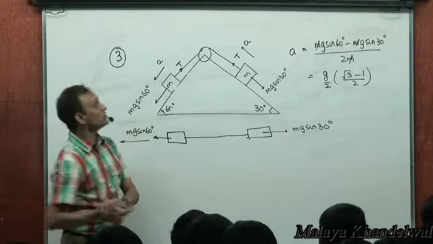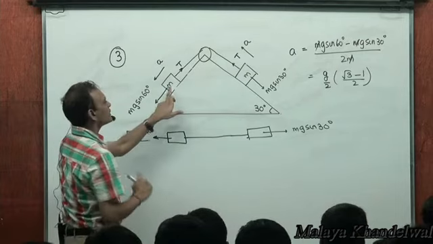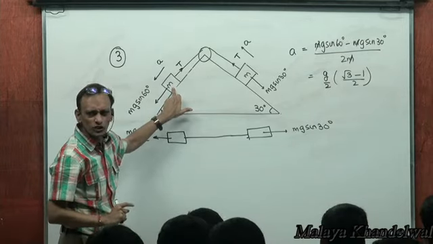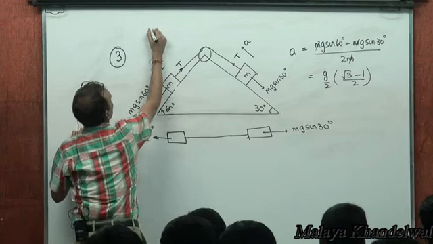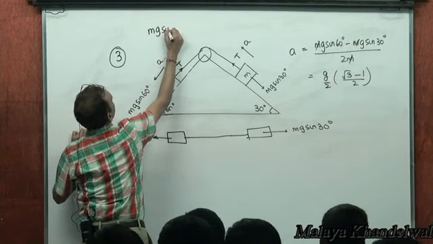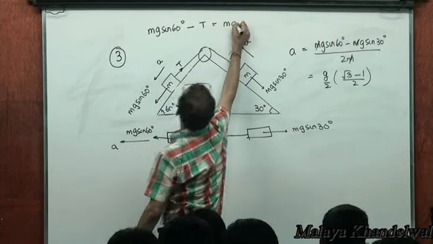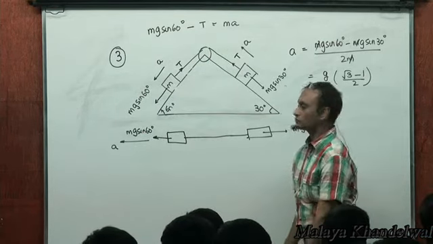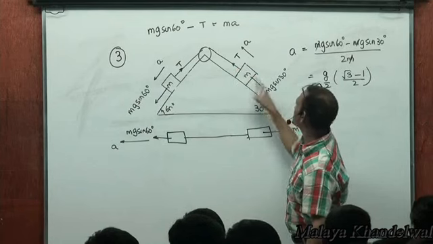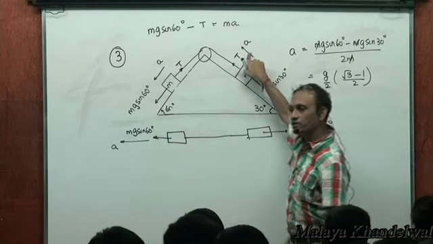The reason I claim this is very simple. If I write the equation of motion for this, what would that be? The equation of motion for this, mg sine 60 degrees minus T is m into a. How about it? The equation of motion for this is T minus mg sine 30 degrees is m into a.